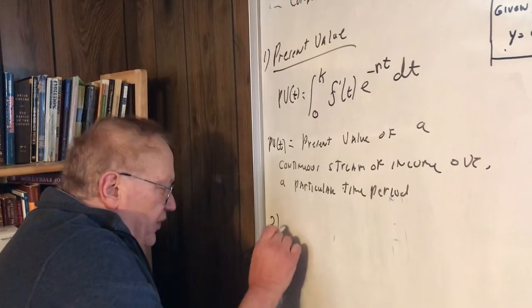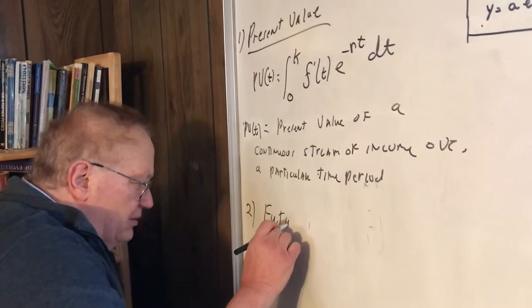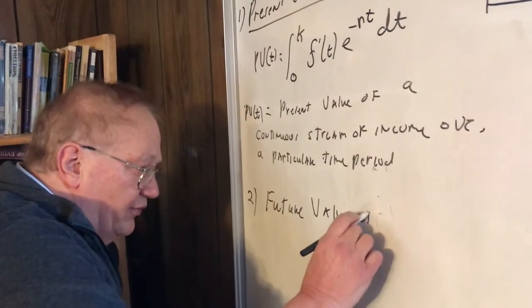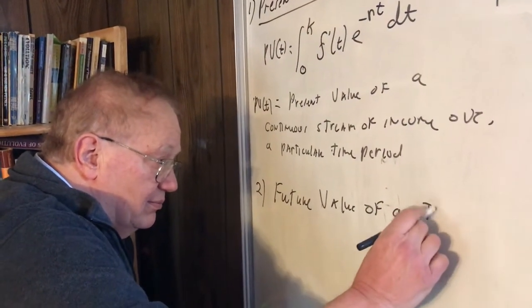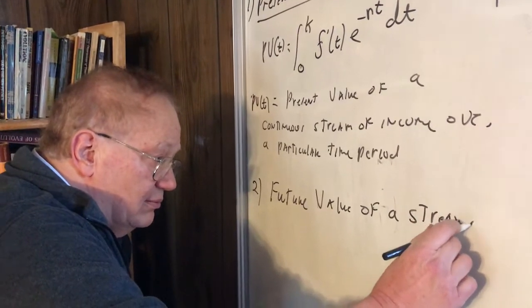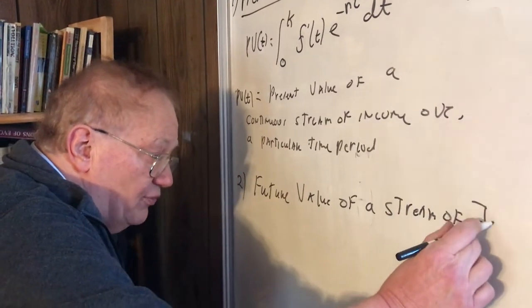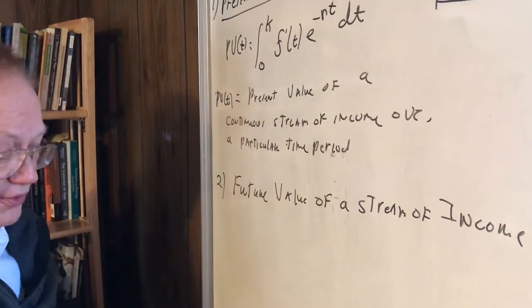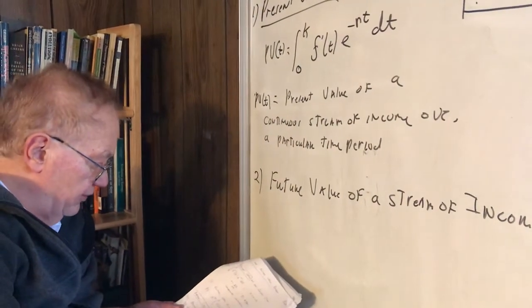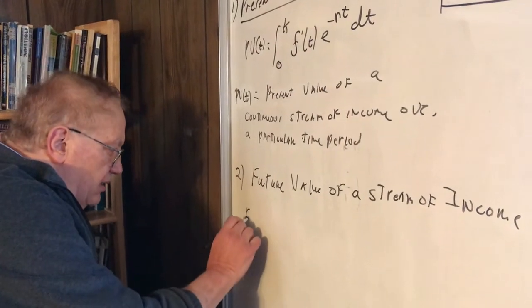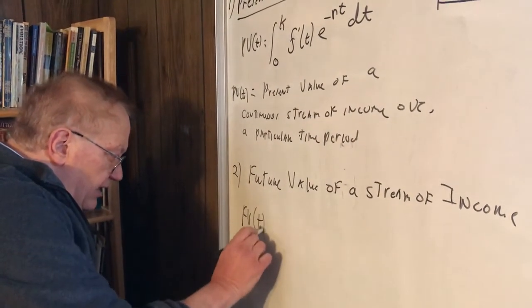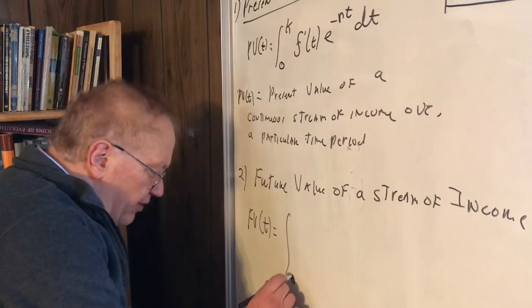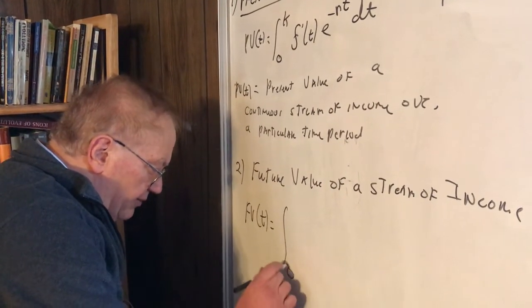I'm going to give you the future value rule. So this is the future value of a stream of income. By the way, these rules are also contained in worksheet 12 and 13. So the future value, FV of t, is the integral from 0 to k. We'll see what k is in a minute.